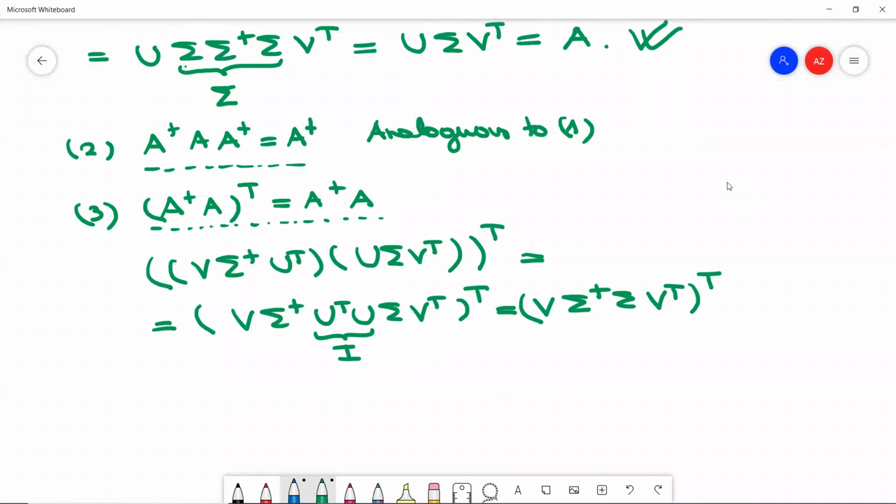But this inside the bracket is a symmetric matrix, because this sigma plus sigma is identity, 0, 0, 0, and if I transpose this, it remains the same. So it's V and then this identity 0, 0, 0, which is sigma plus sigma V transpose.